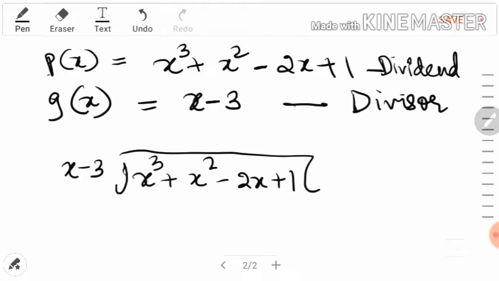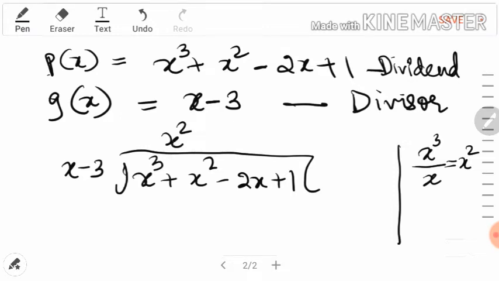Now we are going to find out the quotient, but it has to be done in steps. To find the first term of the quotient, we divide the first term of the dividend by the first term of the divisor. So in your rough column, you will divide x cube by x and we get x square. So x square is the first term of the quotient.